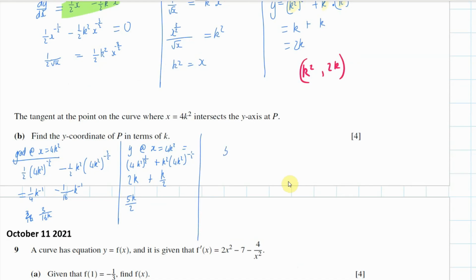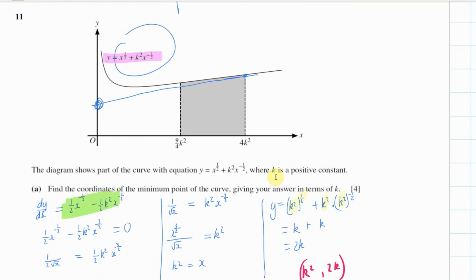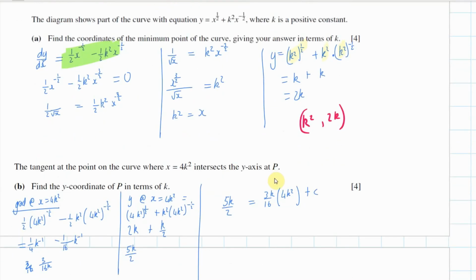So y equals m, which we found to be 3/16k, times x, now x is 4k squared, plus c. And we've got to find out what c is, because that's the y-intercept, which is the y-coordinate of where it intersects the y-axis. Okay, so that's what we're trying to do.